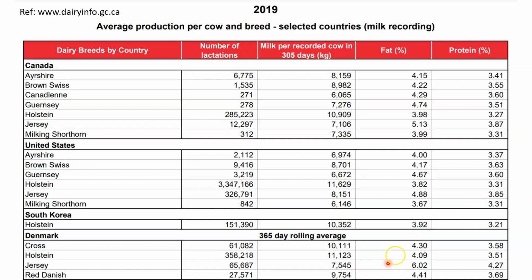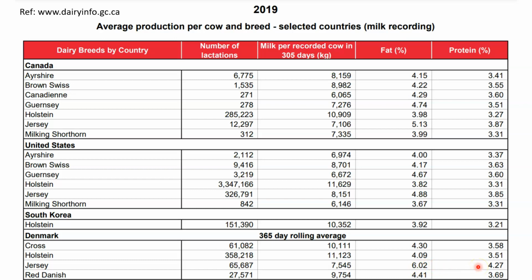Every country has a breeding policy. So maybe the Danish national breeding policy says you have to select semen of bulls with predicted transmitting abilities of more than 6% fat or 5.5% fat. That's what causes these differences.